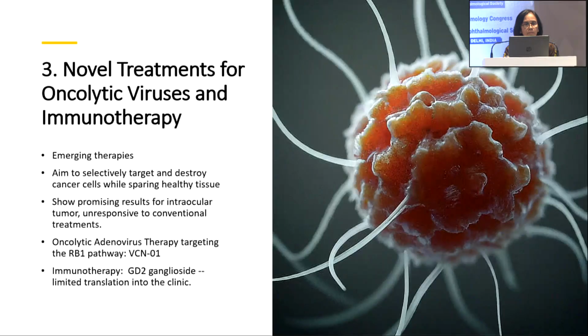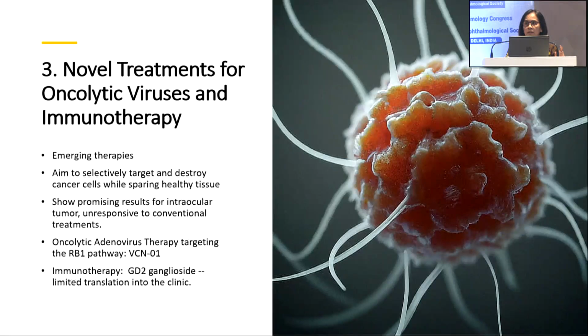Number 3 is the development of novel treatment with oncolytic viruses and immunotherapy. This is an emerging therapy aimed to selectively target and destroy cancer cells while sparing healthy tissue, showing promising results for intraocular tumors which are unresponsive to conventional treatment. There are 2 examples: oncolytic adenovirus therapy targeting RB1, VCN01.